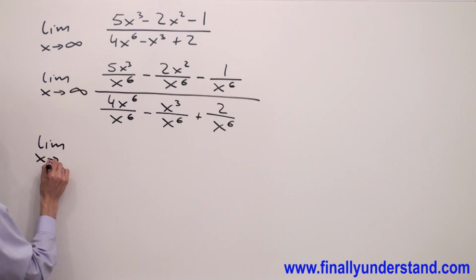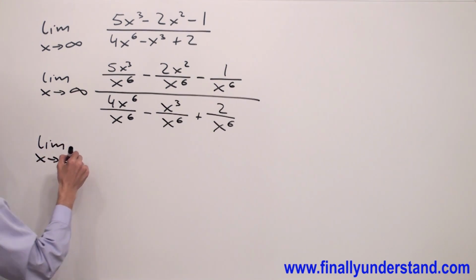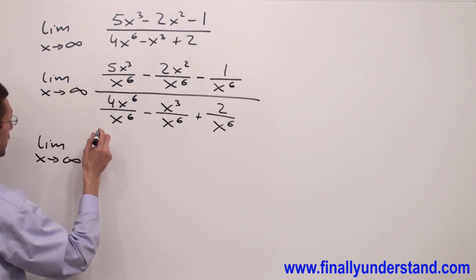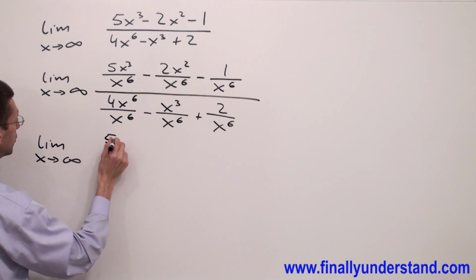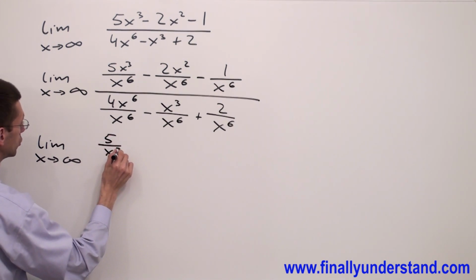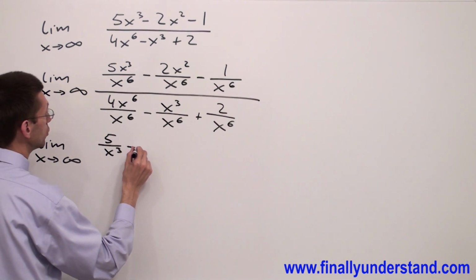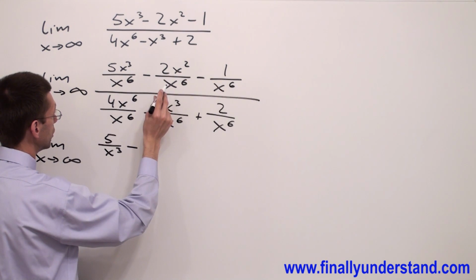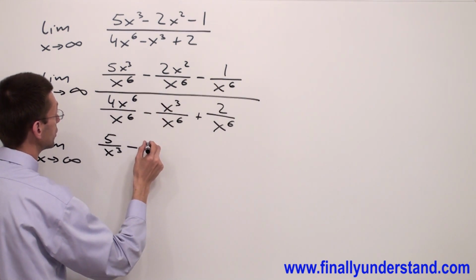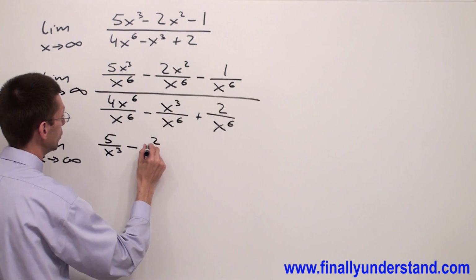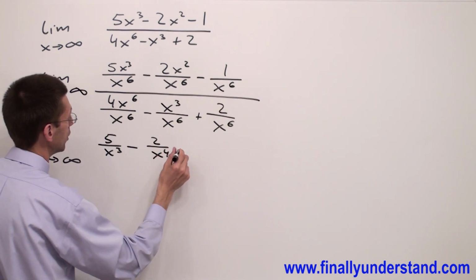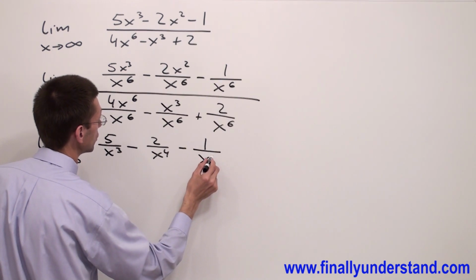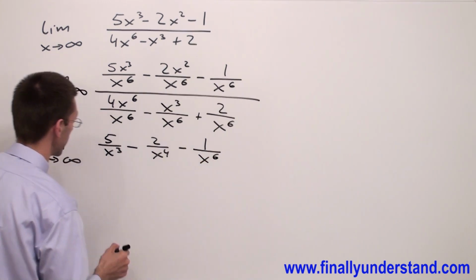Limit x goes to infinity, and I have 5x to the third over x to the 6 is 5 over x to the third, minus 2x squared over x to the 6 is equal 2 over x to the 4th, minus 1 over x to the 6.